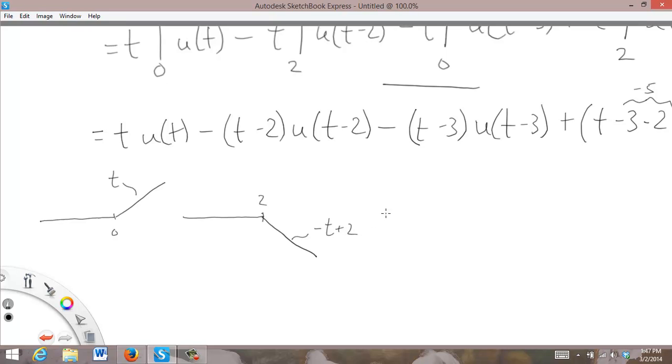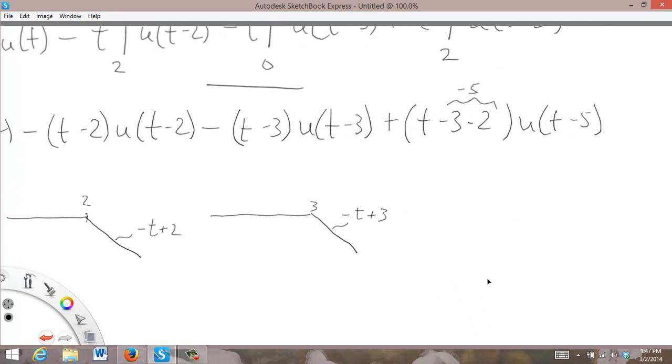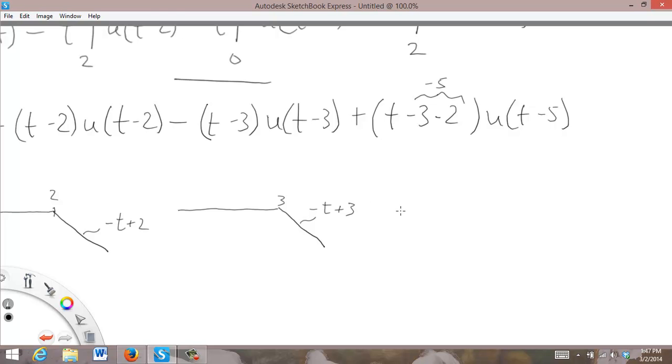The third one is a line that goes out till 3 and then drops down with the equation for the line minus t plus 3. And then the last one is a line that starts at 5 with this positive slope t minus 5.